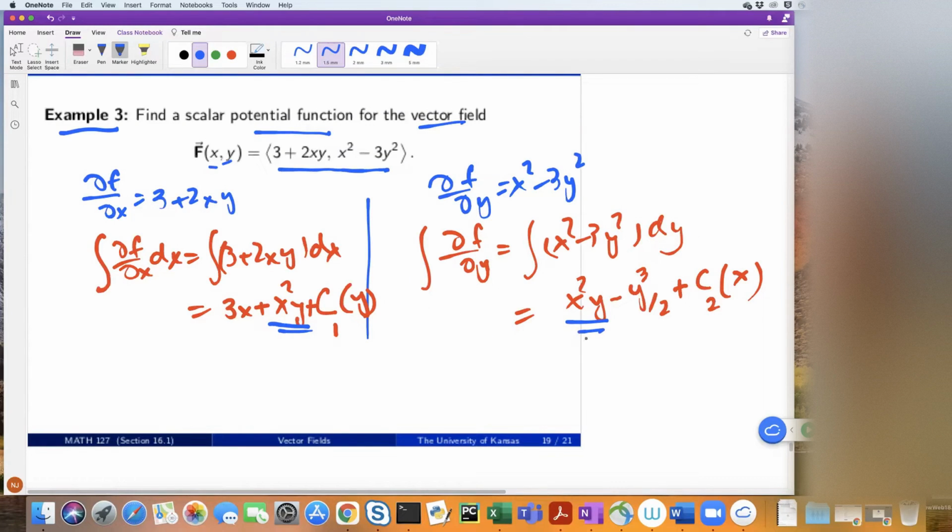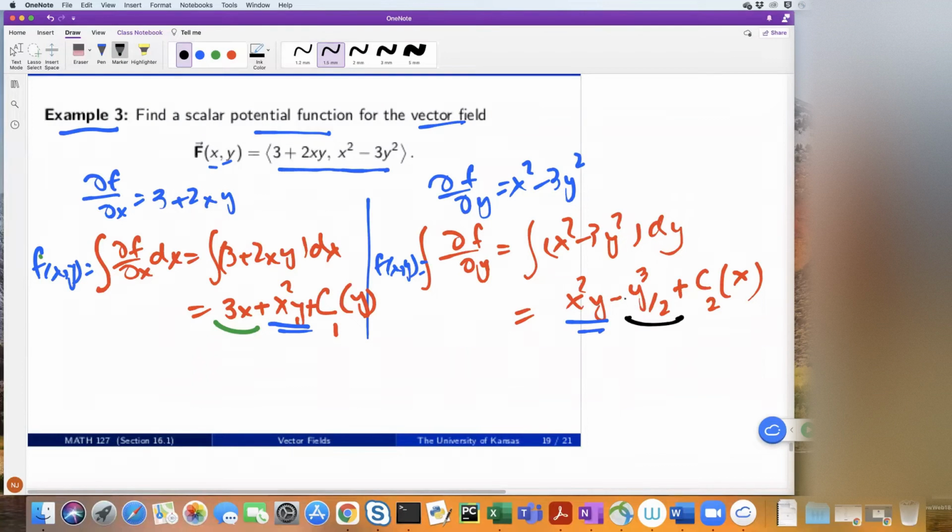That's a common thing between the two of them. But look, what do I do with this? That's not over there. They're supposed to be the same thing. Both of these are supposed to be f of x and y, because I took the antiderivative of the same thing. So both of those are supposed to be the antiderivative of the same thing, but the components are not the same. Oh my.